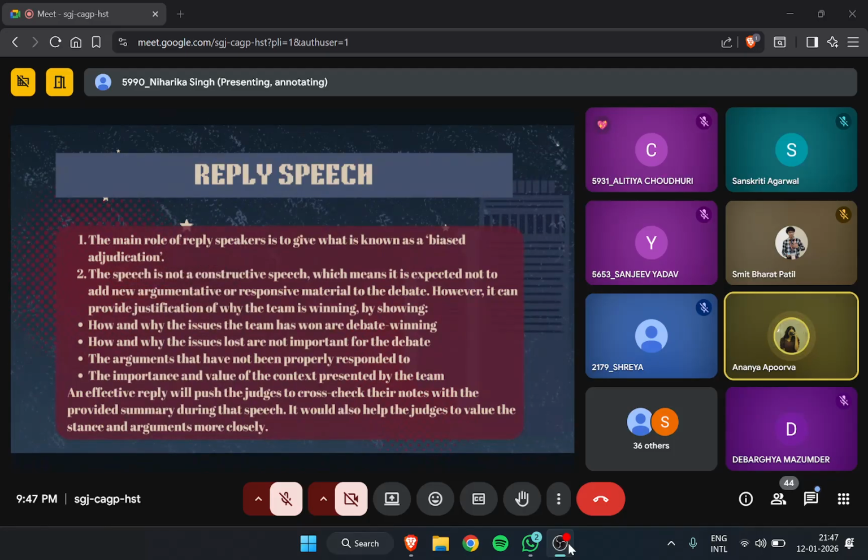What gives you leverage in your reply speech is to prove how the other bench's best case scenario is worse than your worst case scenario. I'll repeat this again: how their best case scenario is worse than your worst case scenario.